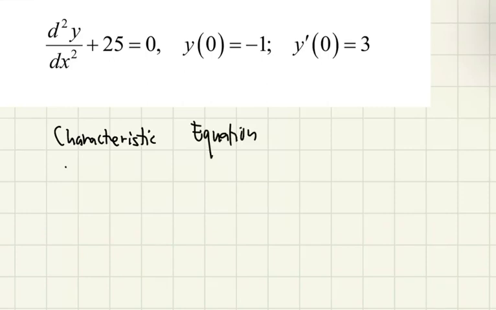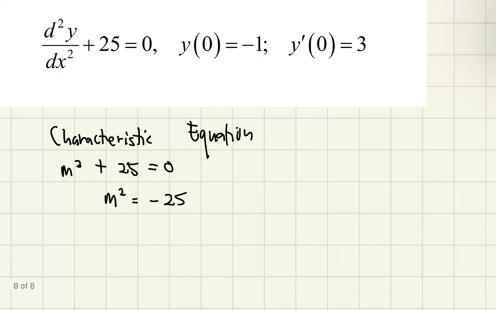So we have m squared plus 25 equal to 0, and then we have m squared equal to minus 25. So m equal to, take the square root of minus 25.